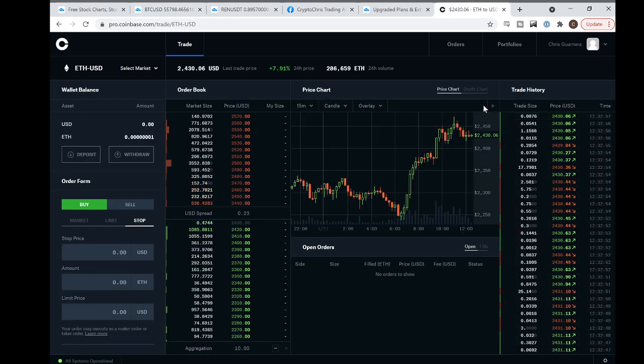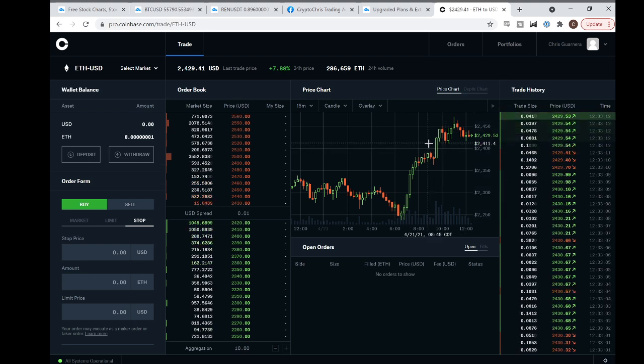So this is an exchange. This is Coinbase Pro. This is an old account I really don't even use anymore. There's really nothing on here, so that's why I really don't care about you guys seeing this information. But on this exchange, the price is listed right here. Okay.